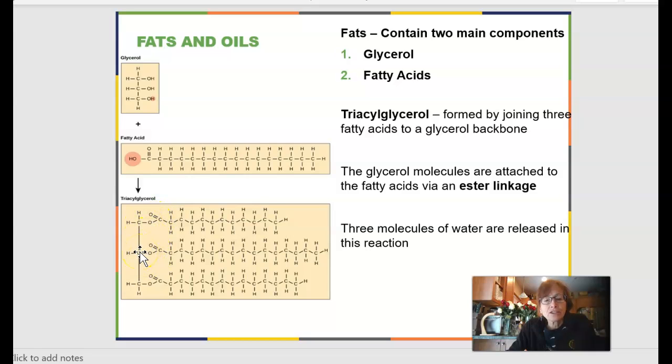So again, dehydration synthesis, we kick out water, and we end up with these covalent bonds that form, and this particular type of covalent bond is called an ester. So we have ester bonds, three of them here. And that is either called a triacylglycerol, or we can just call it a triglyceride. We've seen both of those terms.